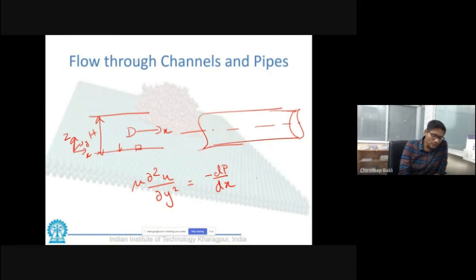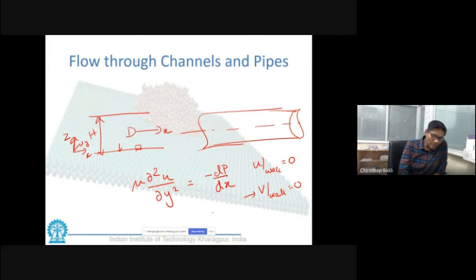Using that analogy, we try to write it as: if u is the velocity in the x direction, then u at the wall equal to 0 is one boundary condition, and v, which is the velocity in the z direction at the wall, is 0. Using these two boundary conditions, we try to solve this equation.